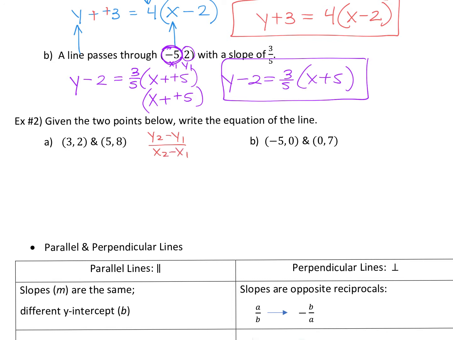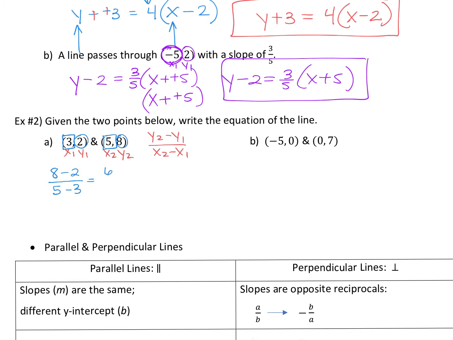And this is one where I highly, highly recommend that you just label your points, x1, y1, x2, y2, so you don't mix them up, okay? So let's find the slope of this line. This would be 8 minus 2, y2 minus y1, over x2, which is 5, minus x1, which is 3.